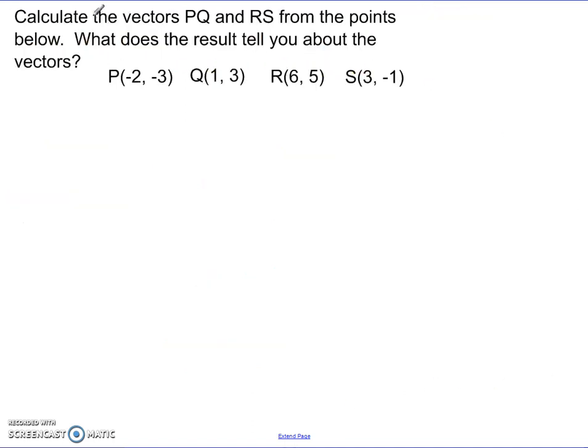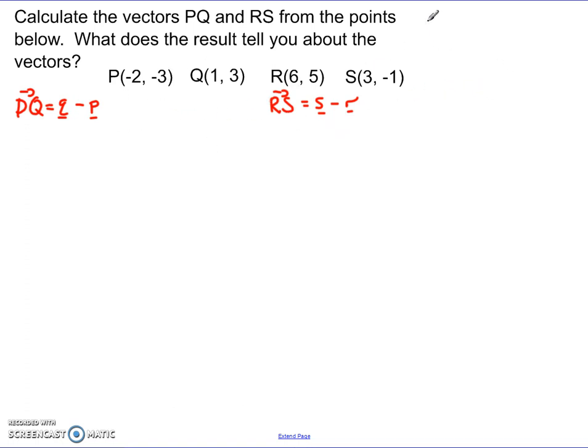The second question was calculate the position vectors PQ and RS from these points, and then look at what the result tells you about the vectors. So the position vector P to Q, same logic as before, is given by Q minus P, and our position vector R to S is given by S minus R. So I can write down the position vector for every single one of these.